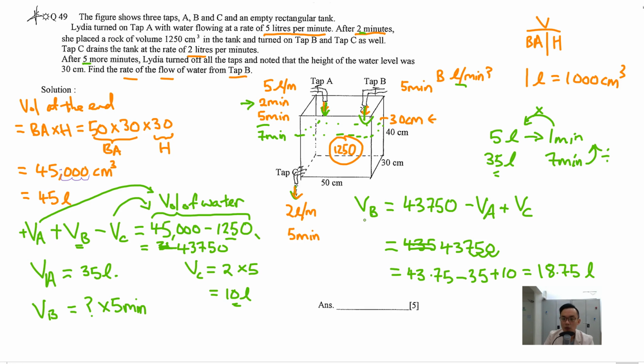So that's volume of B. But I know that volume of B was pouring for 5 minutes.